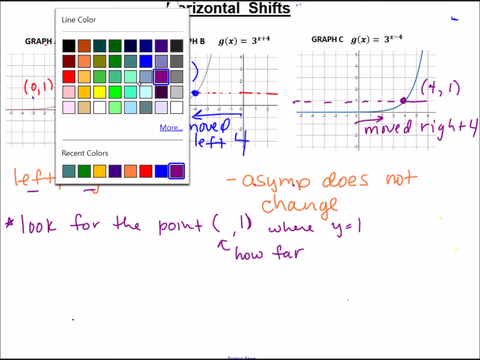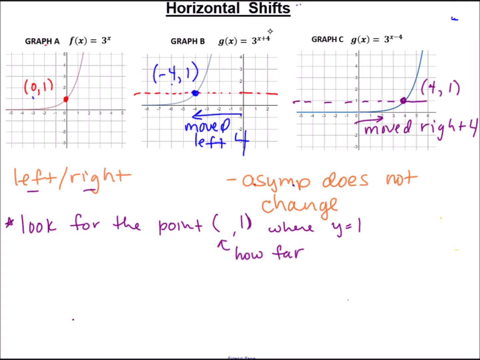So another thing to point out here is what happens to the equation. This right here is where the change has been made. This right here is where the change has been made. This is up in the power. We call this inside. When it comes to transformations, when I say inside, I'm talking about up in the power.